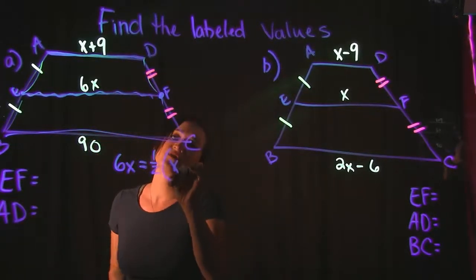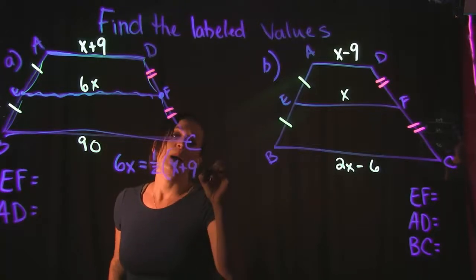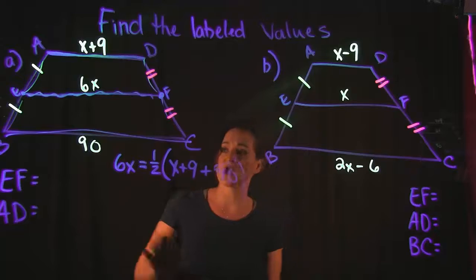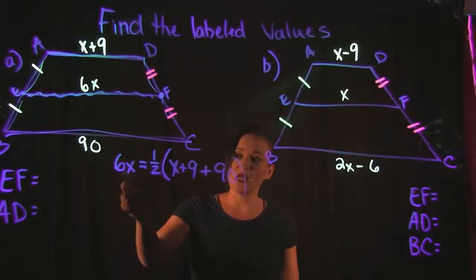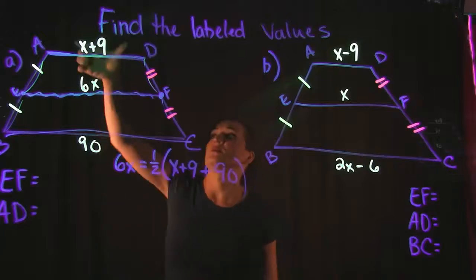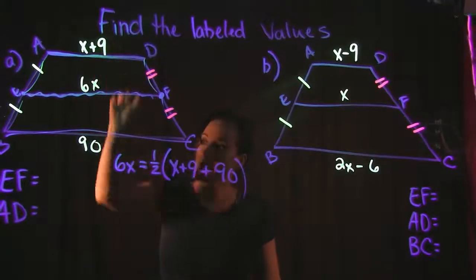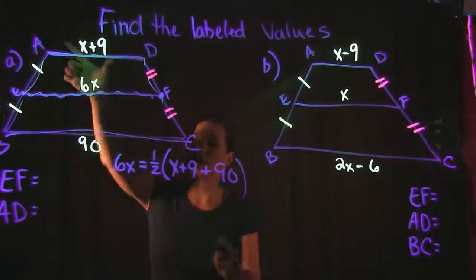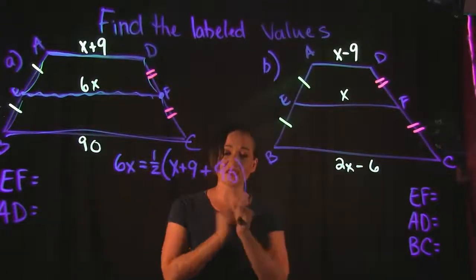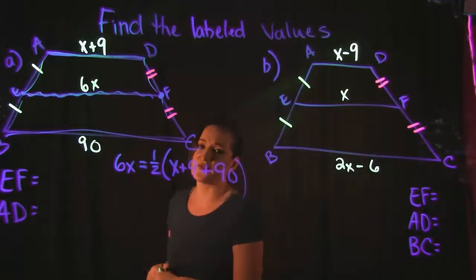So your equation on the left hand side is your midsegment, equal to 1/2, and in parentheses put your top base plus your bottom base together: x plus 9 plus the 90. This is the equation that we need to solve.